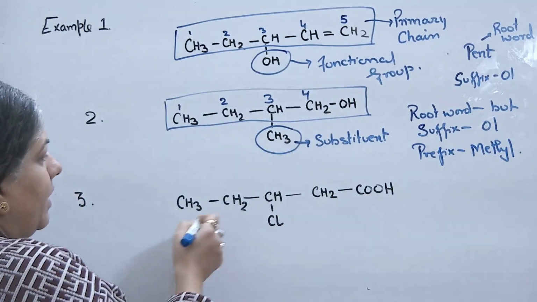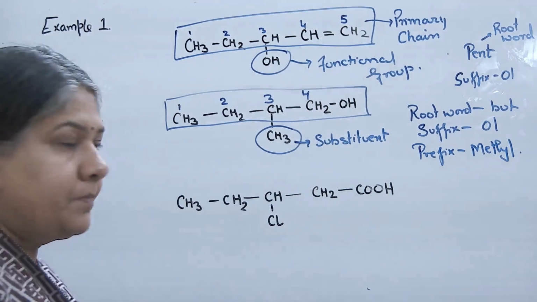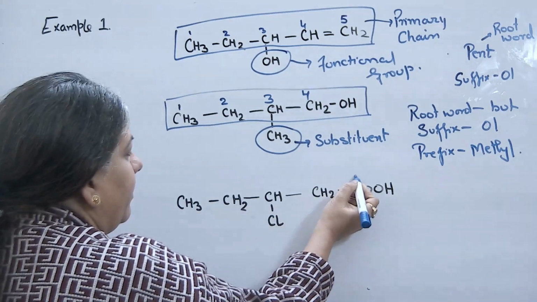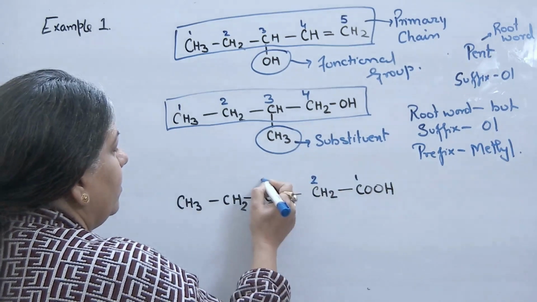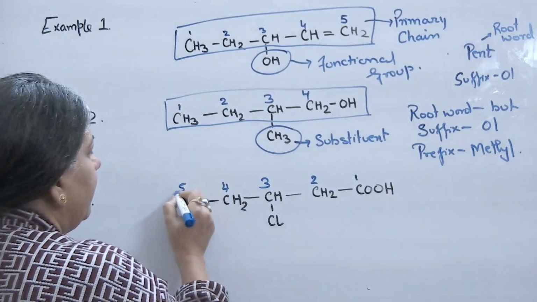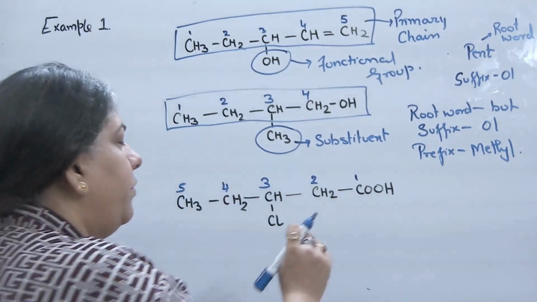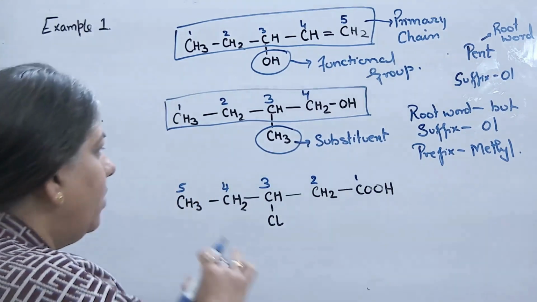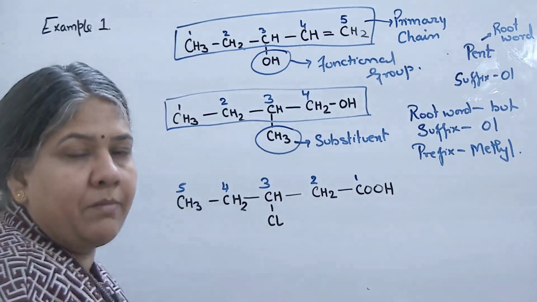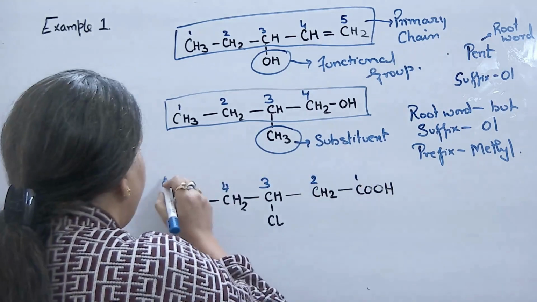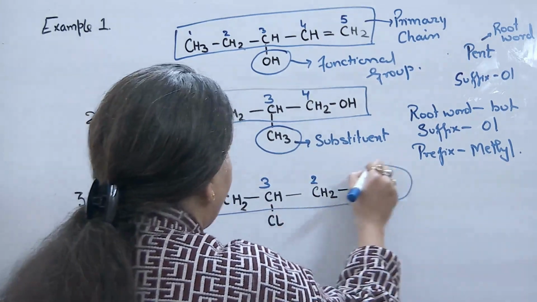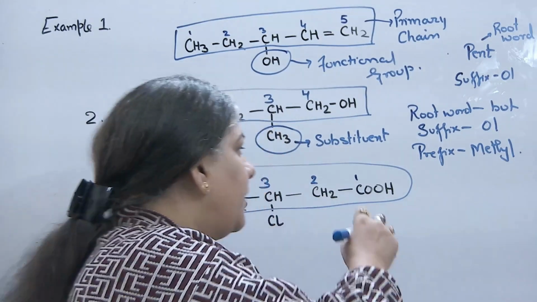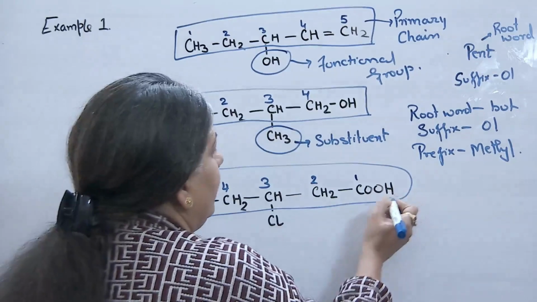Okay, now let's come to this third example. Again, find the longest carbon chain. You will start numbering from here: 1, 2, 3, 4, 5. Why we are numbering from here, I'll explain while describing the rules. So there are 5 carbons in the longest carbon chain, and this carbon chain also contains the functional group carboxylic acid.